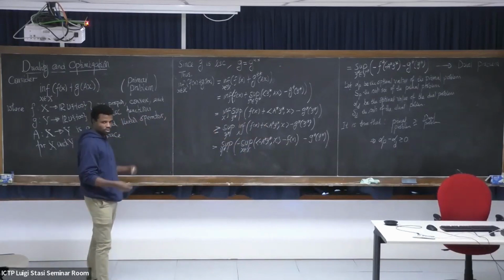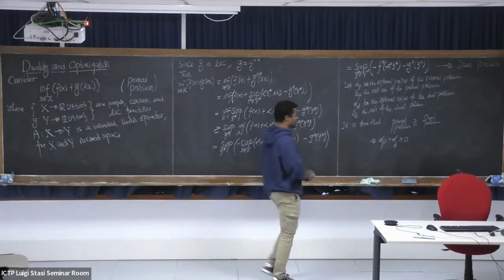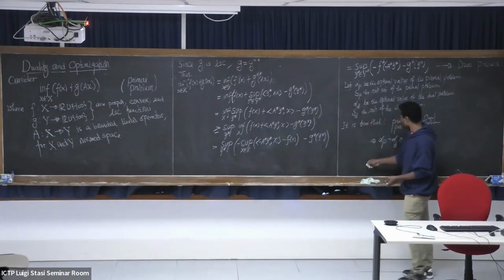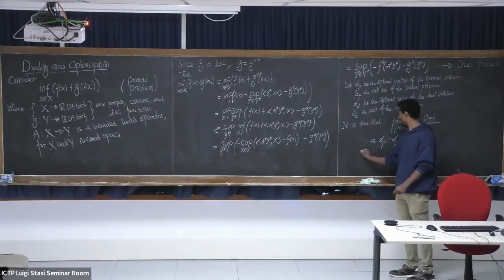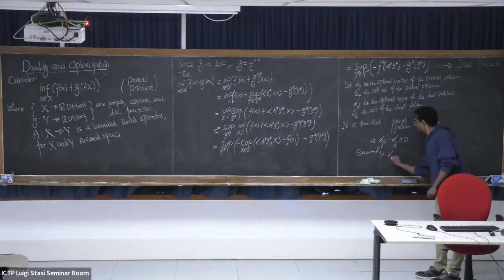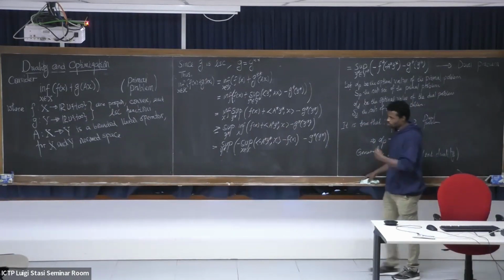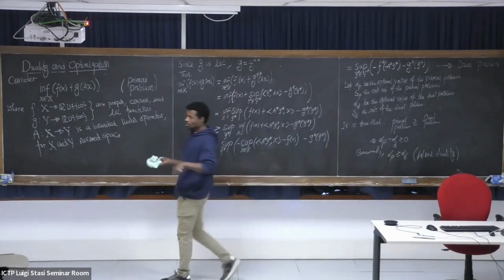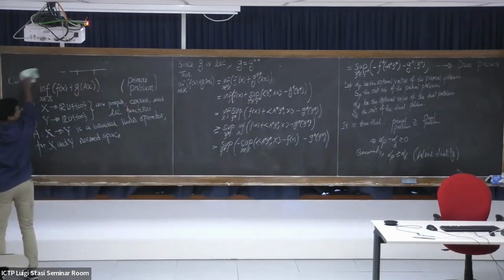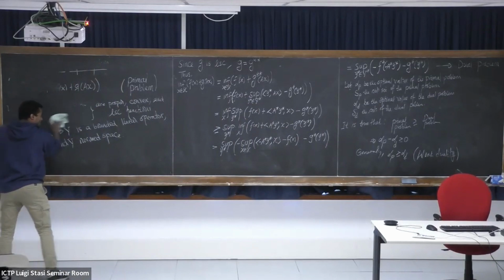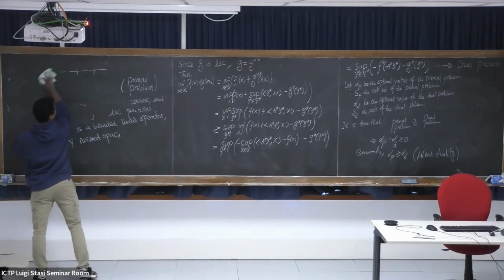That is, alpha p minus alpha d is greater than or equal to 0. This is always true, which we call weak duality. Weak duality always holds: generally we have alpha p greater than or equal to alpha d. But the question is under what condition the duality gap is 0.